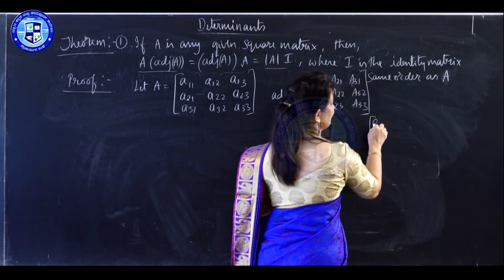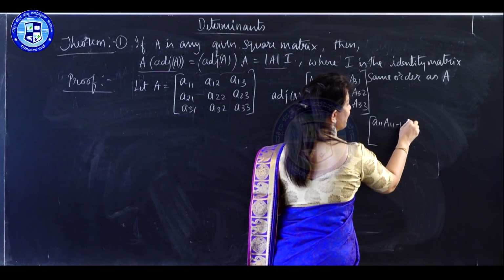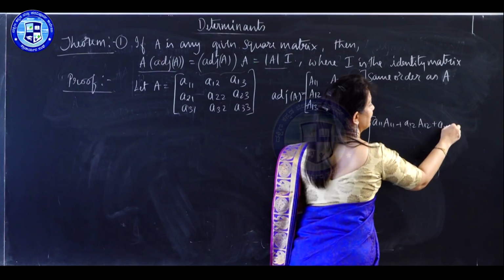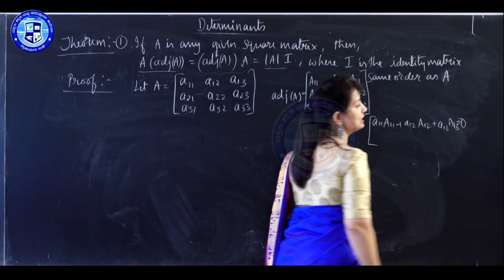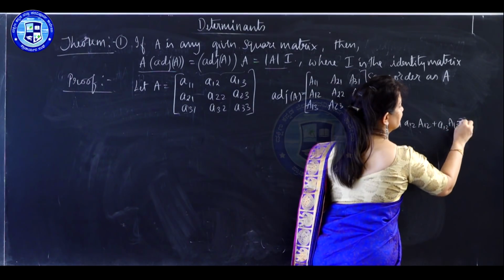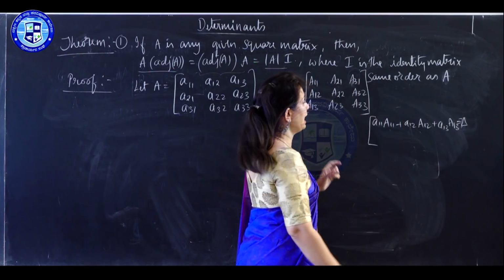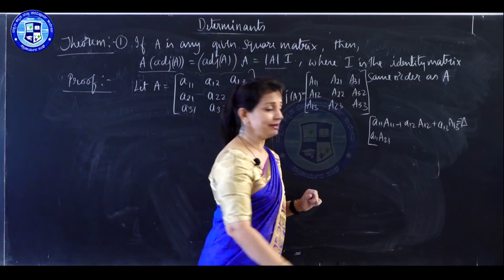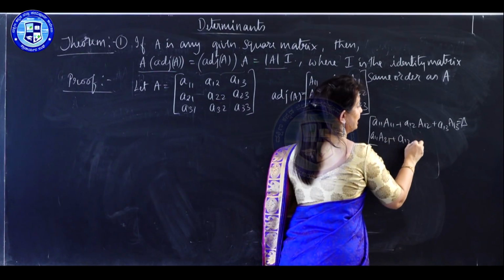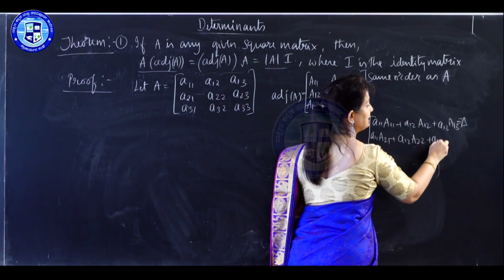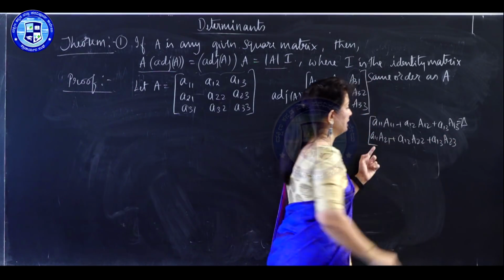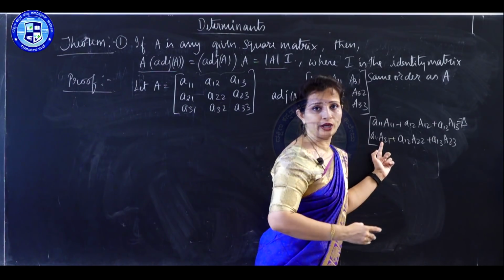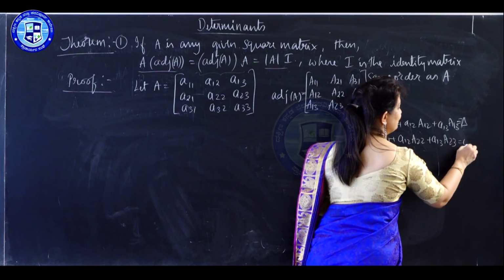So, what is that? If A11, A12, A13 are multiplied by the cofactors of the same row elements, the sum is equal to delta, determinant A. And if it is A21, A22, A23, the second row elements, multiplied with the cofactors of first row elements, that is, elements multiplying with the cofactors of some other row elements, it gives a 0.